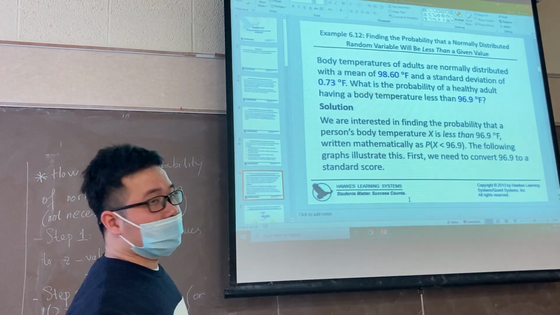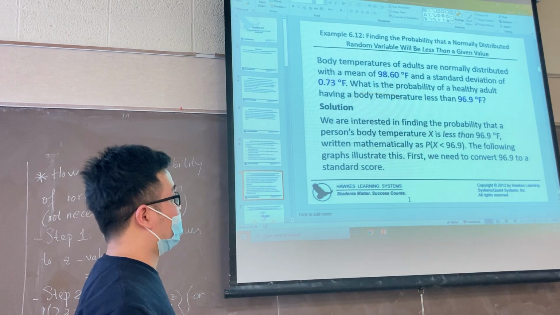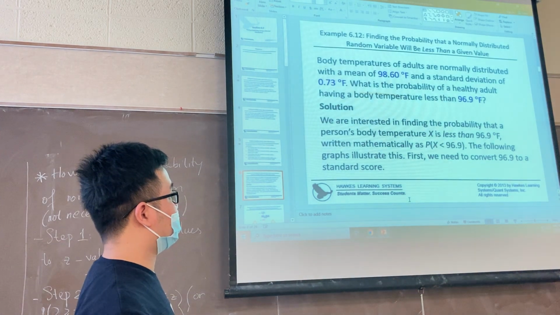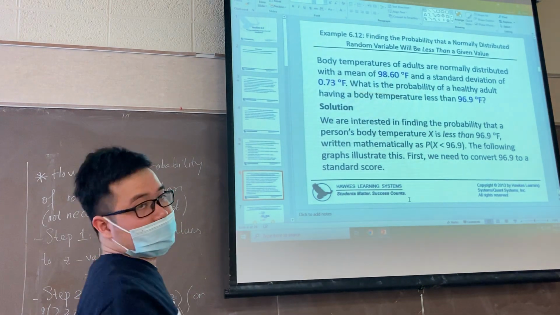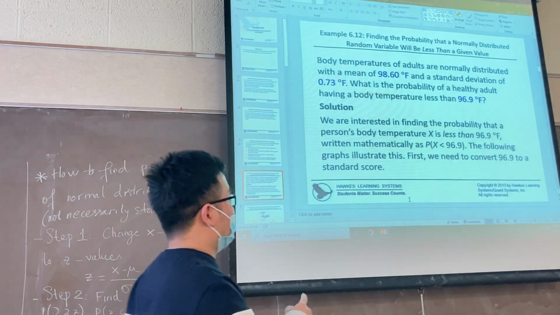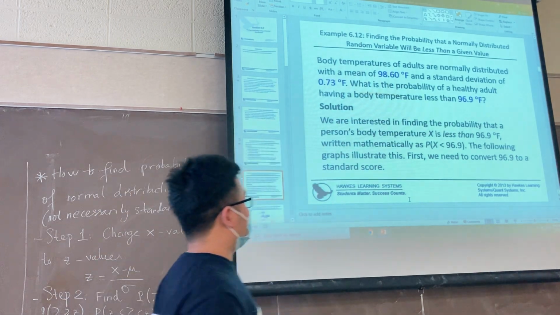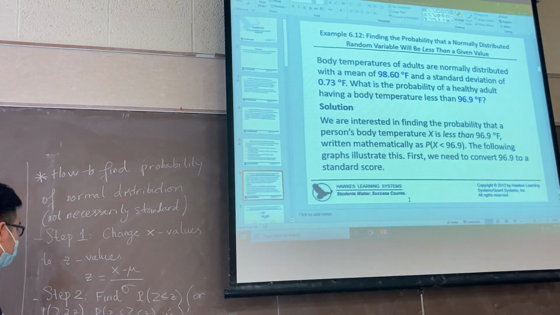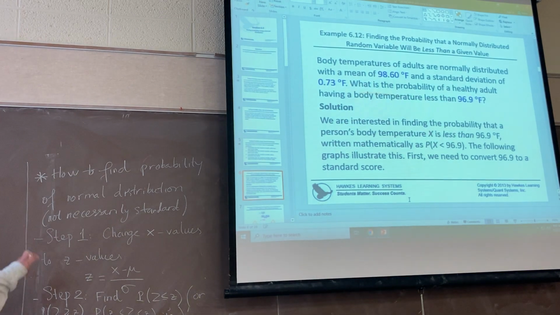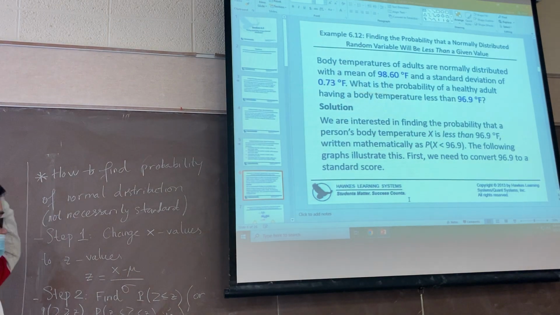And what is the probability of a healthy adult having a body temperature less than 96.9 Fahrenheit? Now we will use this to calculate the probability.